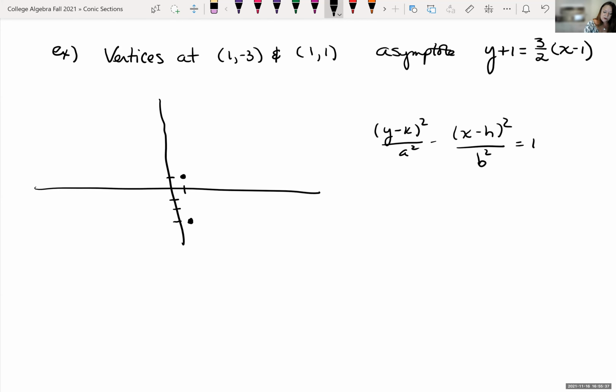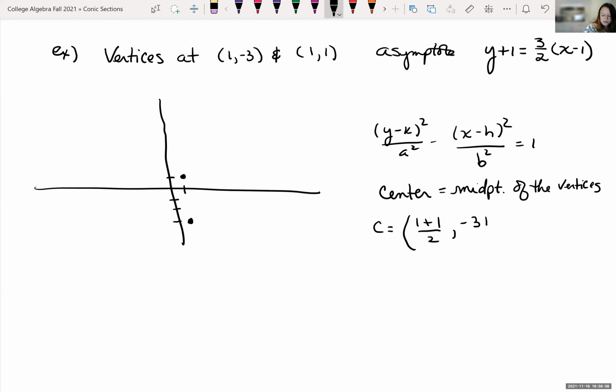So let's actually figure out what the center is. Well, the center is the midpoint of the vertices, and we talked about how to find the midpoint earlier in the semester. So we're going to sum the x values, so 1 plus 1, and divide it by 2. Sum the y values, -3 plus 1, and divide it by 2.